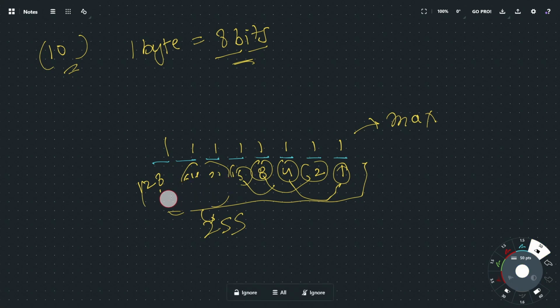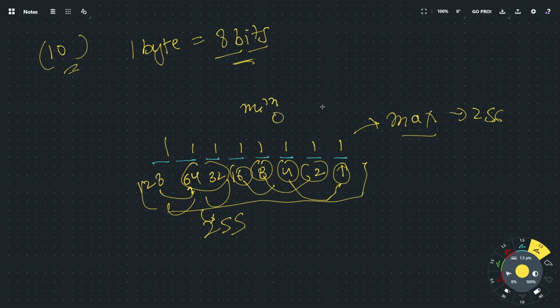So the maximum number that we can get is 255, right? So the range is: the minimum number is 0 and the maximum is 255. If we are storing in 8-bit format, we can store it this way, and any number in between can be represented easily with these 8 bits.